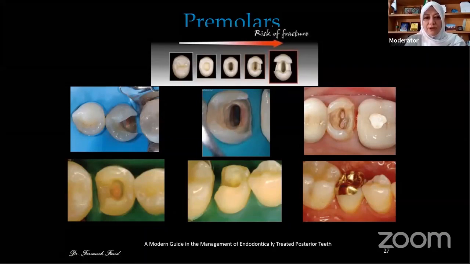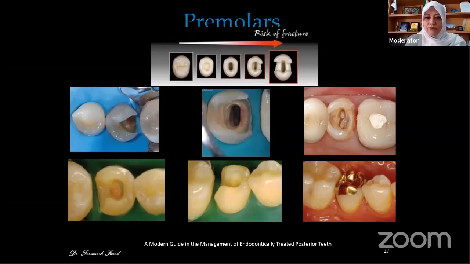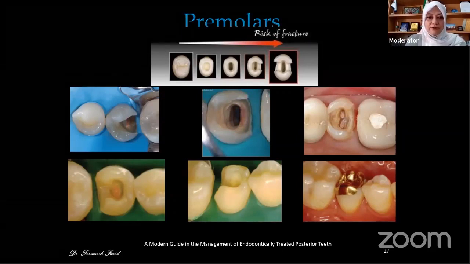So if the direction of force is like anterior teeth, you can treat it like anterior teeth. It means that there's no need for cuspal coverage. It is just filling the access cavity. But if the direction of force is toward the access cavity, it is better to treat it like posterior teeth and have cuspal coverage.